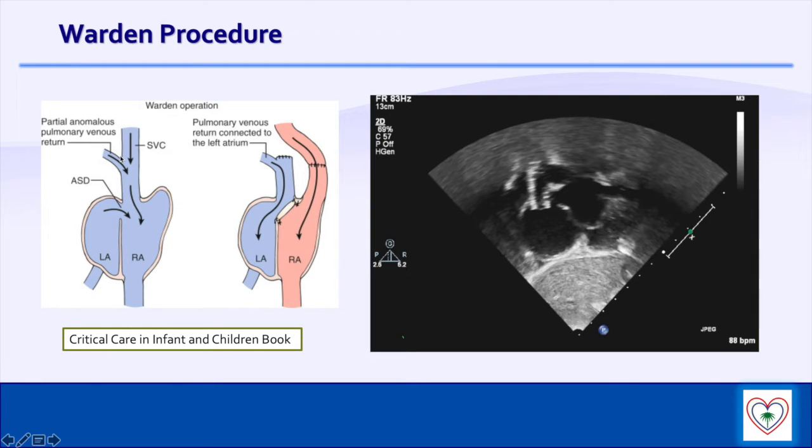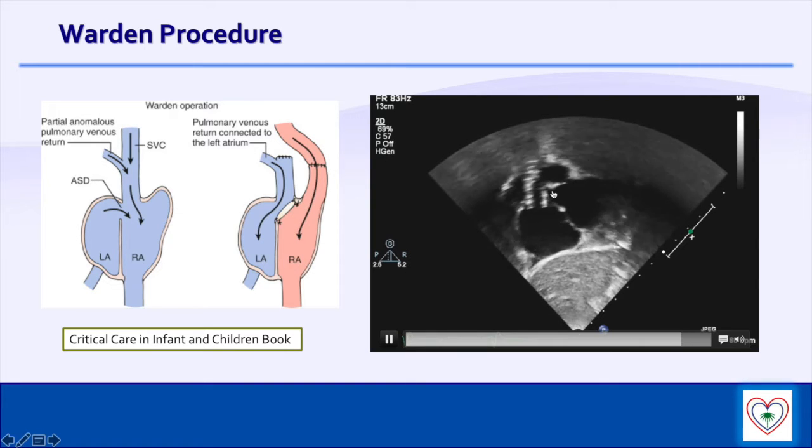In this repair, they utilize the lower part of the SVC as the tunnel for the pulmonary vein into the left atrium, and then they connect the SVC to the right atrial appendage. This procedure usually results in SVC obstruction, and nowadays they are not doing it anymore. They are trying to repair the pulmonary vein and the SVC without a Warden procedure.